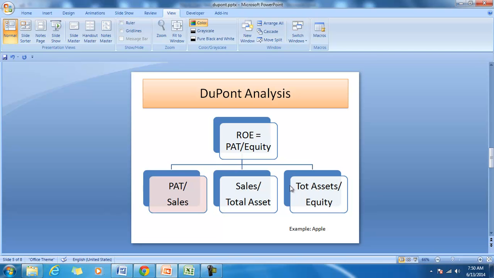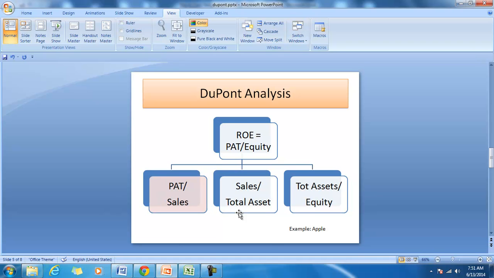equity. Now we can see that PAT by equity is PAT by sales into sales by total assets into the total assets by equity. So total assets cancel, sales by sales cancel, so it is PAT by equity.